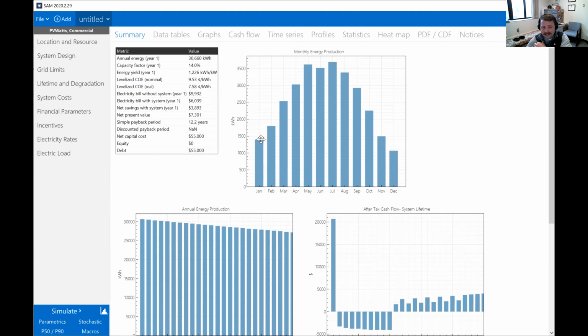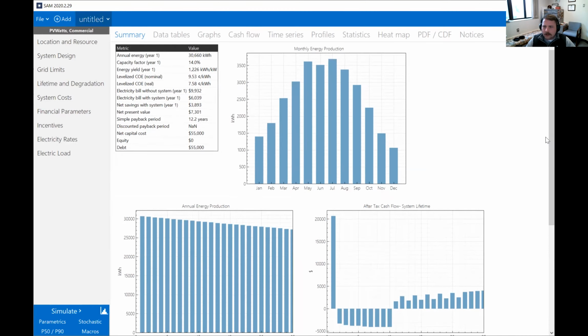I could change my tilt angle and try to optimize for winter, but it still doesn't do as well in the winter as in the summer. If we did this in Nebraska, I would have a similar bell-curve production shape, but my winters wouldn't look as bad as his because we have more sunshine in the wintertime than they do.